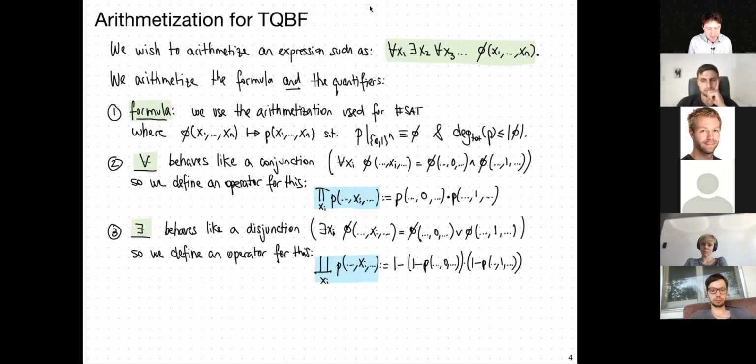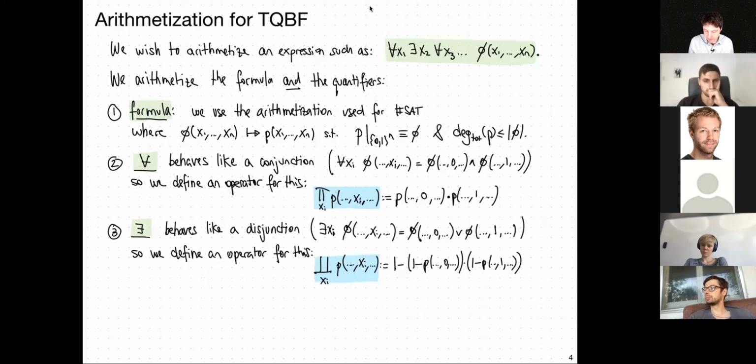The existential quantifier behaves like a disjunction. When we're saying there exists xi such that this is true, it is as if we take two copies of the formula with xi being 0 and xi being 1, and we take the OR of the two formulas. We already saw last time that there is a way to arithmetize disjunctions.